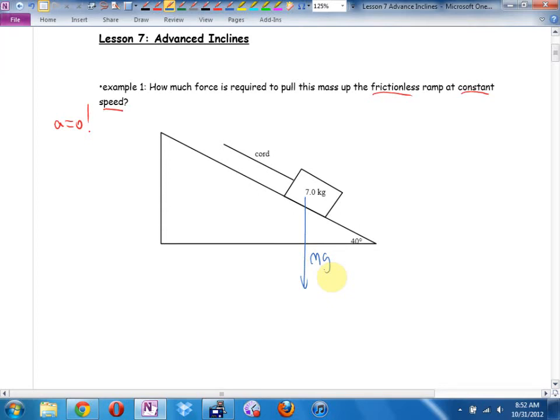I've found the kids that draw a small mg, and then they try to go parallel, perpendicular, and always make mistakes because it's not as obvious what's perpendicular and what's parallel from something that size. So this is one time when I'm going to say to you, hey, exaggerate, make mg big. You can draw the rest to scale and just draw a big diagram.